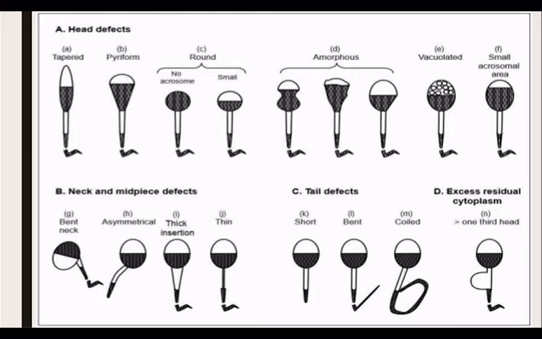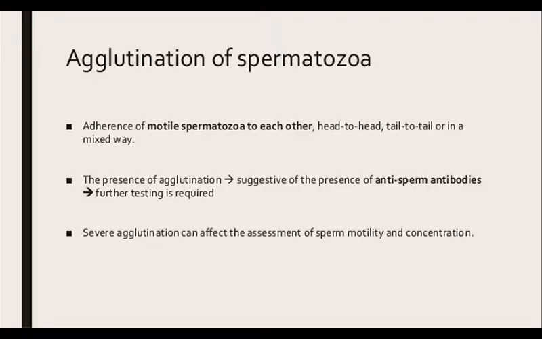Next, in the neck and the middle piece defect, you see the bent neck, asymmetrical head, thick insertion, thin insertion. And in the tail defect, you see short, bent, coiled. In the last one, excess residual cytoplasm, you see one-third of the head. So these are the defects seen in the different regions.